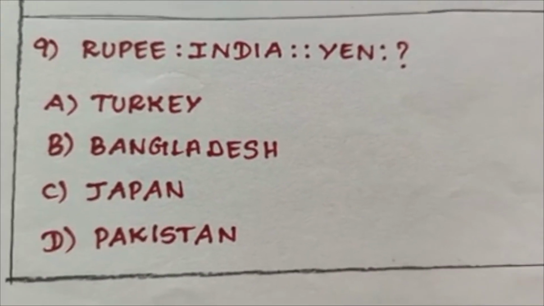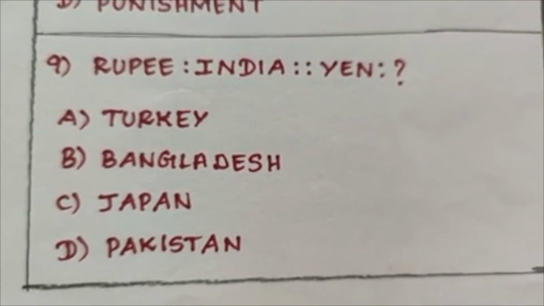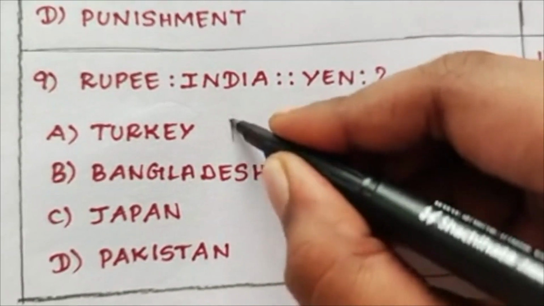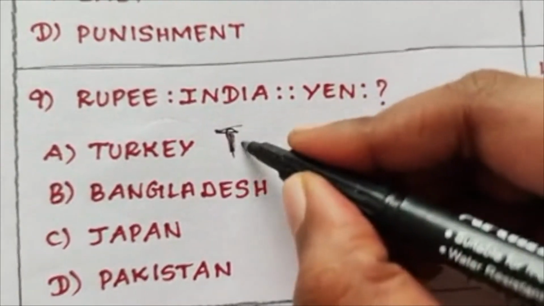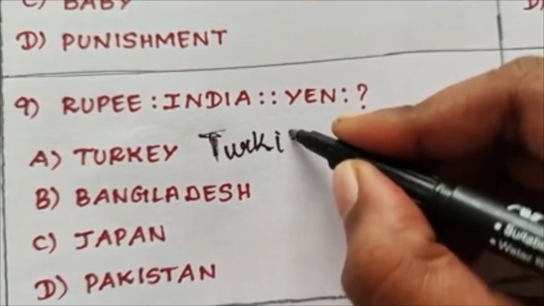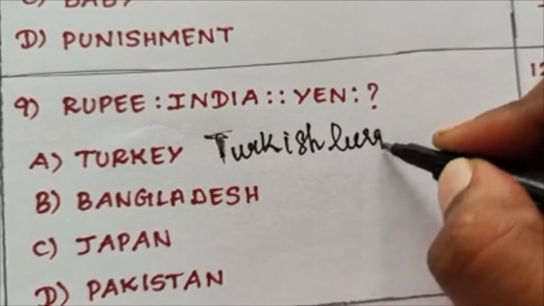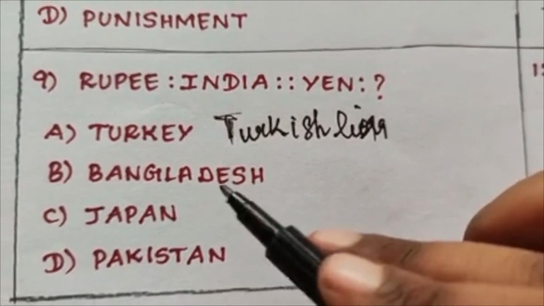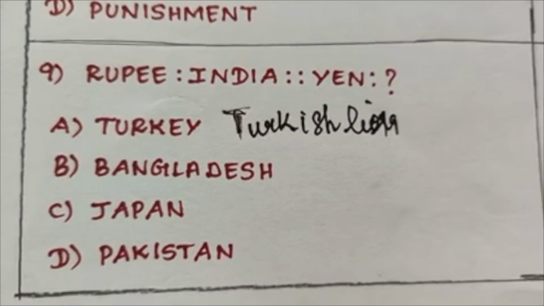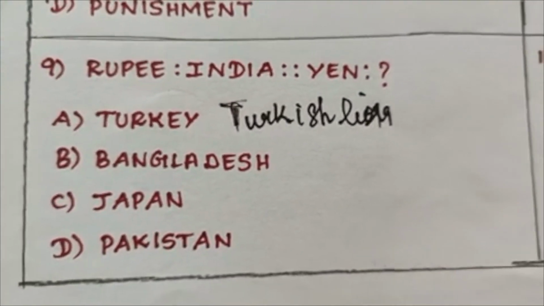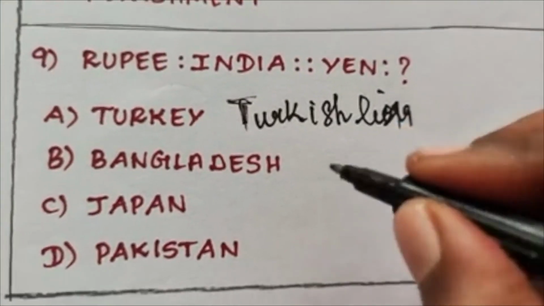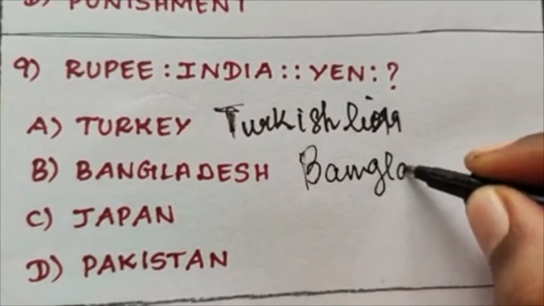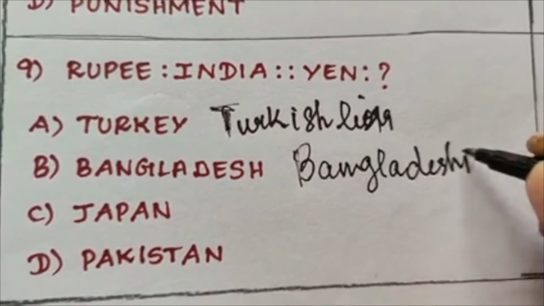So, first of all, the currency name of Turkey is Turkish lira. Then, currency name of Bangladesh is Bangladeshi taka.